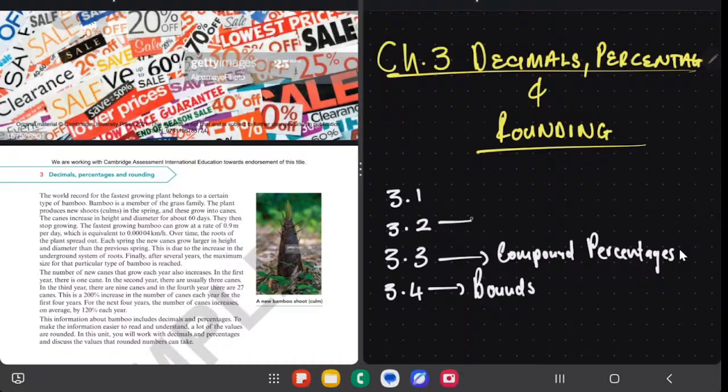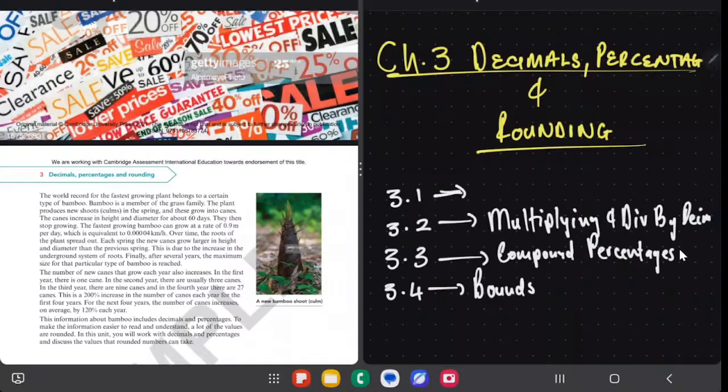And then 3.2 was what we did last time, if you remember, multiplying and dividing by decimals, where we were changing the decimal. Just like 3.1, we will also review it, which is multiplying and dividing by powers of 10.